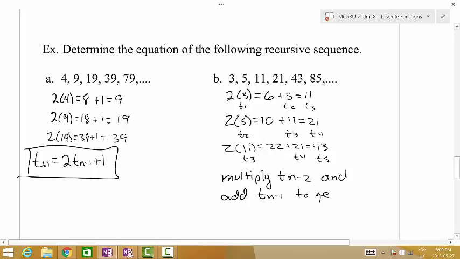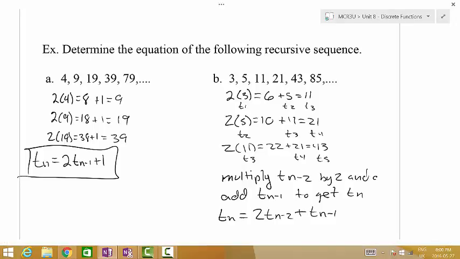Oh, sorry, multiply Tn minus 2, that should say, by 2, and add the term before it to get the term we're looking for. Or in other words, we can say Tn equals 2 times Tn minus 2 plus Tn minus 1. So again, we're multiplying the term 2 before it by 2, and then adding the term 1 before it.